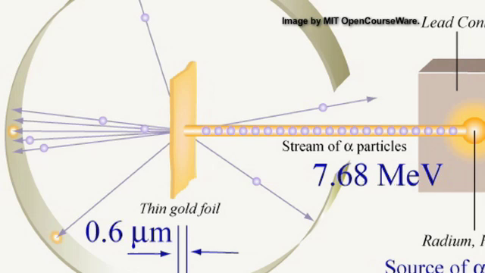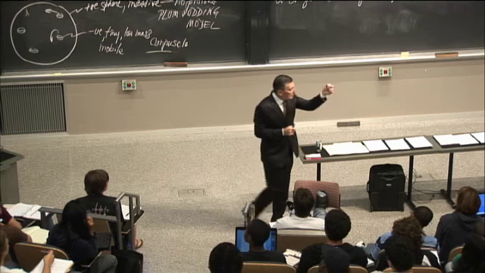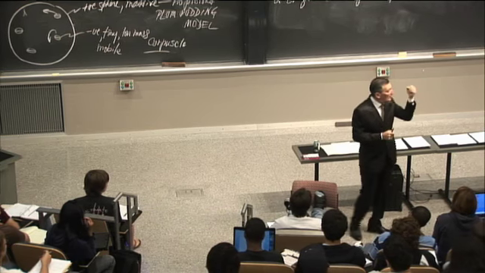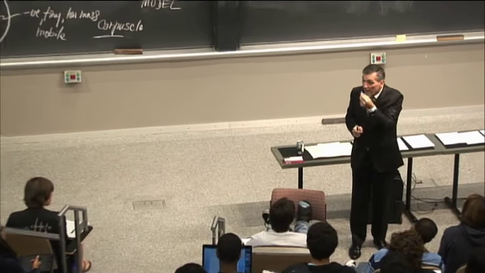And by the way, how did they count these things? Well, Geiger is the same guy who gave us the Geiger counter. Geiger was a technician that worked for Rutherford, and he developed this screen. They called it a scintillation screen. It was coated with zinc sulfide. And so when the alpha particles bounced and hit the screen, they would excite electrons in the screen and then cause a scintilla, a spark.